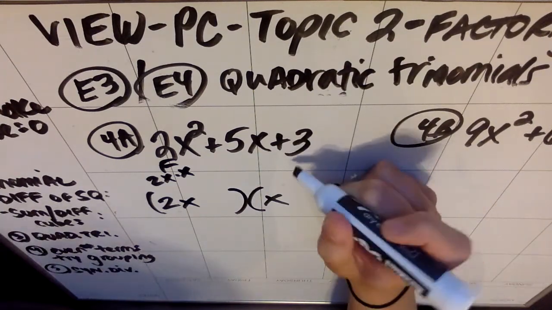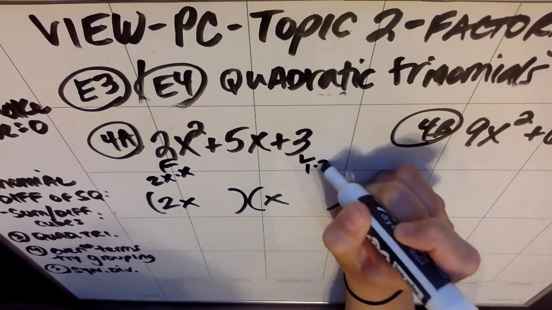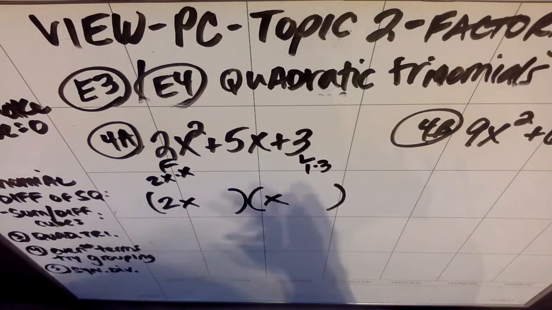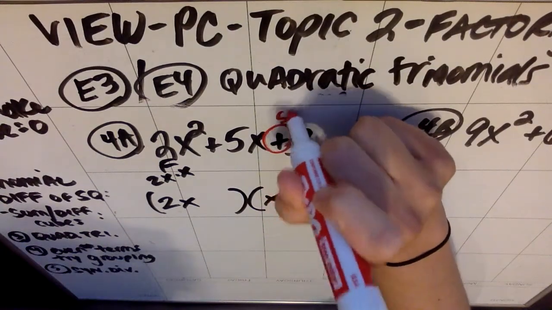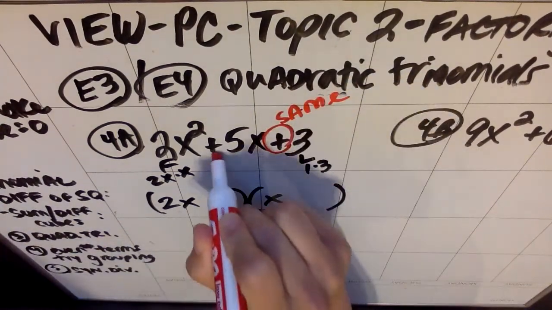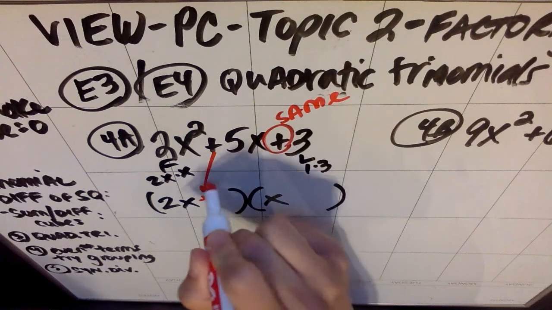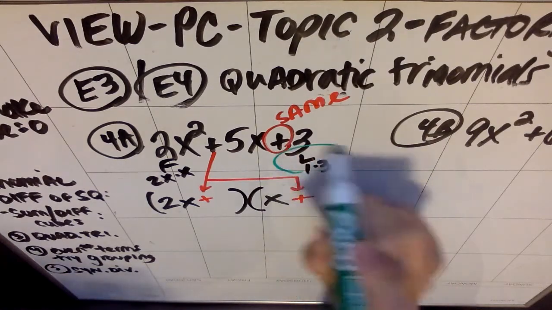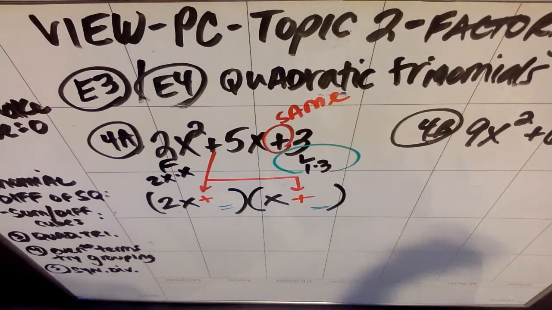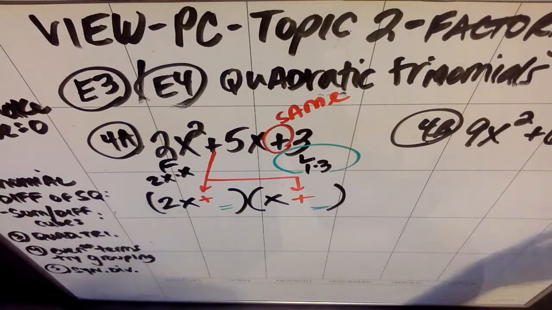Now, the nice thing about this problem is the only way to get a 3 is a 1 and a 3, so I already know ahead of time those are the two numbers going in the parentheses. I also know from this that because it is a positive 3, they have to have the same sign, so I can use whatever sign is at the front to put the sign in place. So really, my entire job now is to figure out which seat gets the 1 and which one gets the 3. So you can do this a couple different ways.